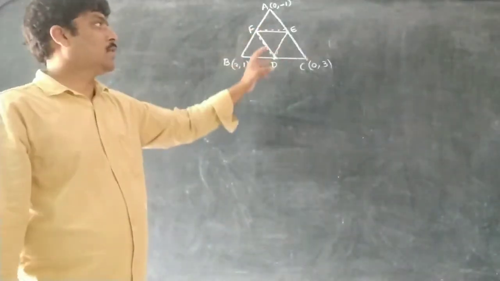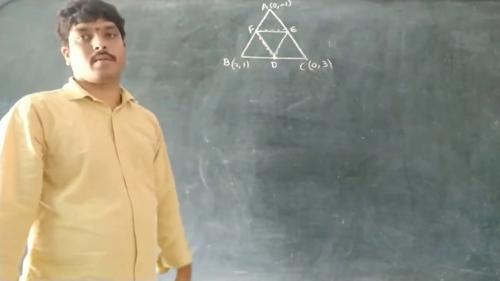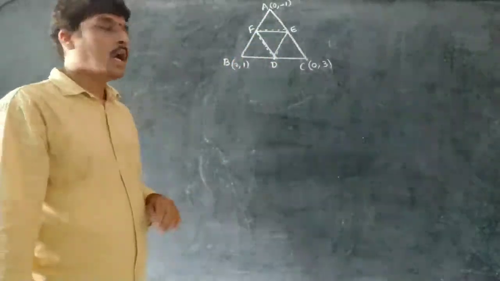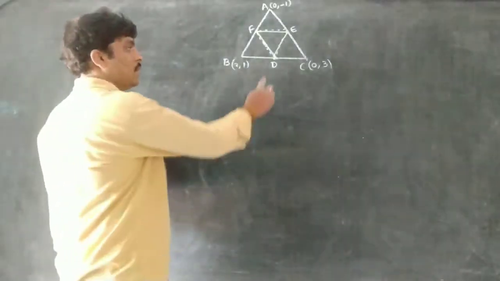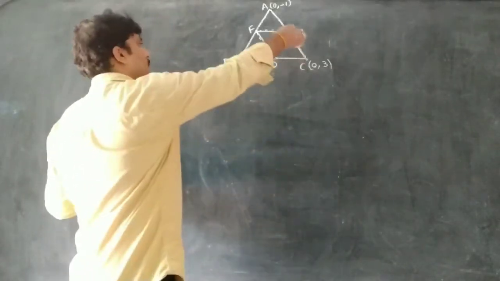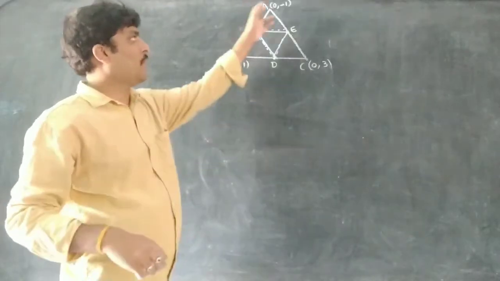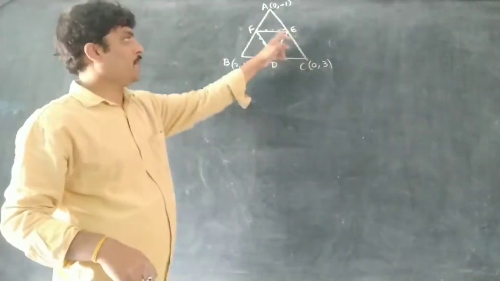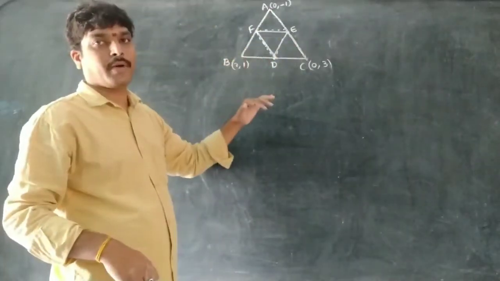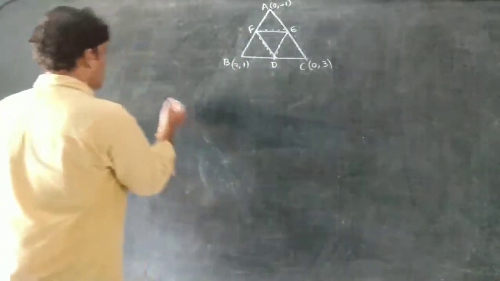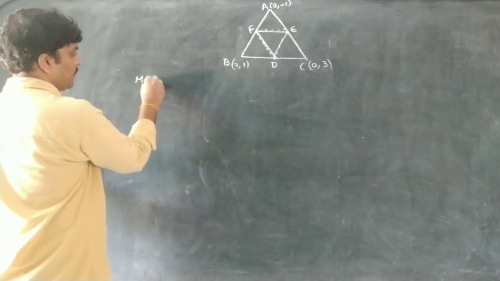Now, totally 4 triangles are formed. If midpoints are joined, we get 4 triangles. First of all, find midpoint of BC, midpoint of AC, midpoint of AB. After finding them, find area of triangle ABC and area of triangle DEF. Both we can find, and also find the ratio of the areas. So first, midpoint of BC.